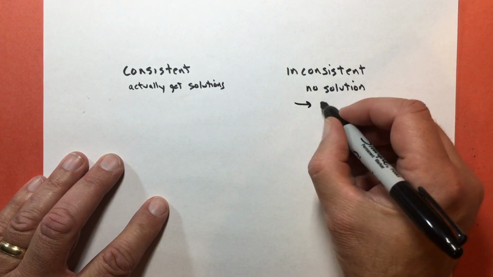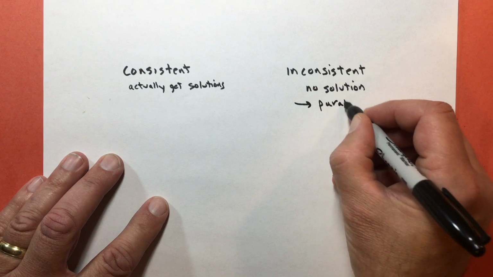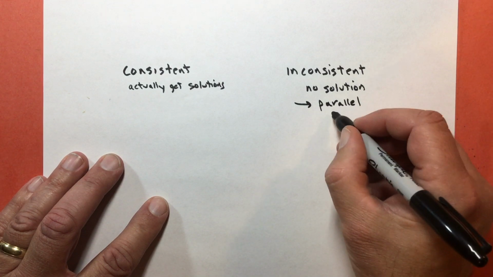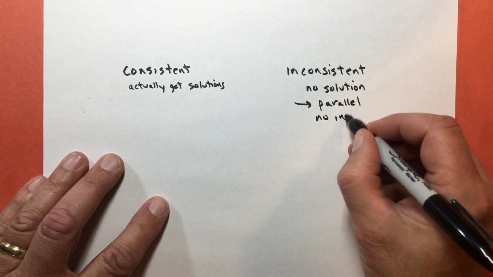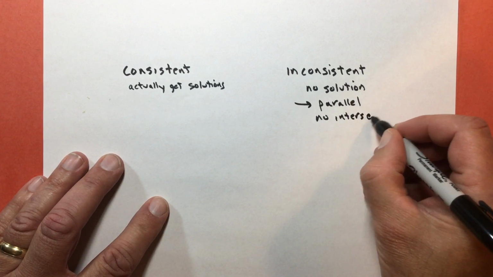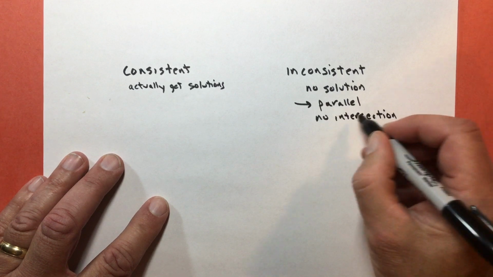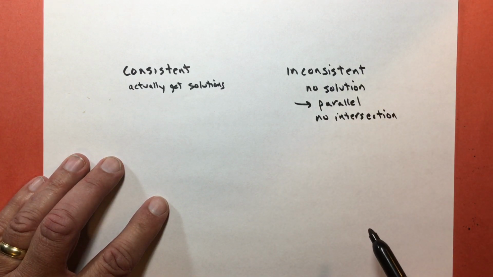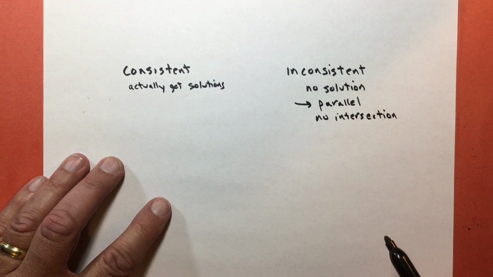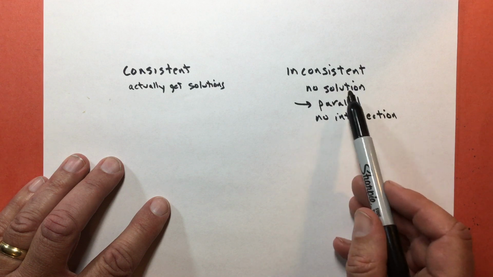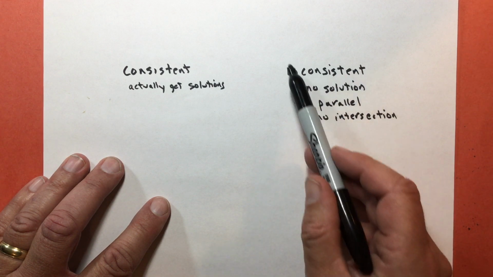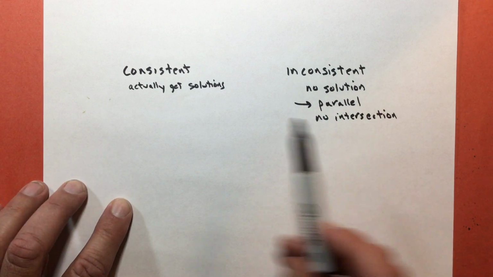Inconsistent means that the two lines are parallel and they do not intersect. No intersection. That intersection, like I showed you on Desmos, is where the two lines come together, and that's where the solution is. So if the lines actually are parallel, there's going to be no solution, and we call it inconsistent. That's the only word you need to know for that one.